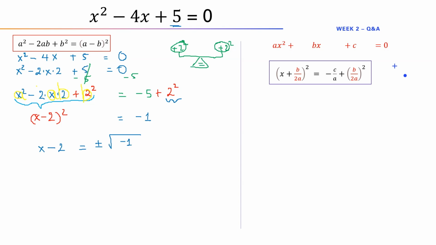And then solve for x. Square root of negative 1 is i, right? So we just write i instead. So x minus 2 equal plus or minus i. So x equal, we add 2 to both sides. This one cancels, left with x on the left hand side. On the right hand side we have 2 plus or minus i.